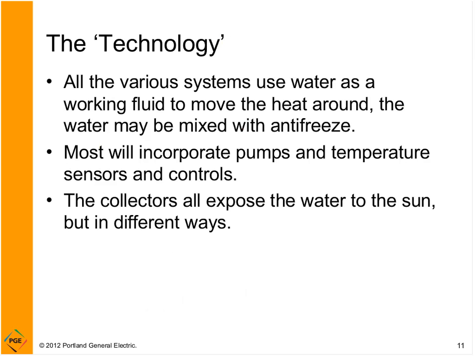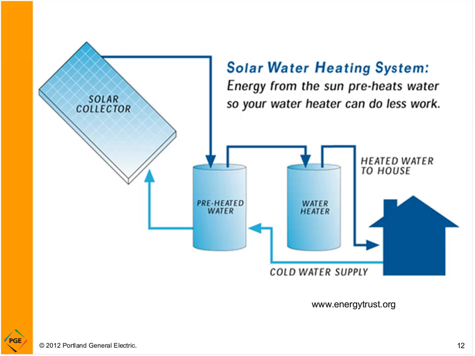So in general, all your systems these days will be an active system. Now the thermal collectors all expose the water to the sun, but they do that in different ways. Basically, I wanted to show you a typical piping schematic for the water and show you how it works and some of the benefits of this typical schematic.